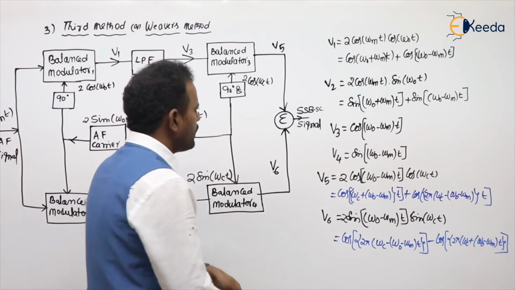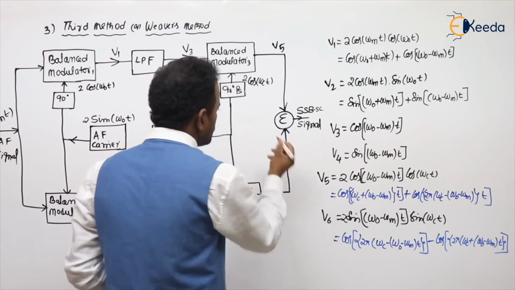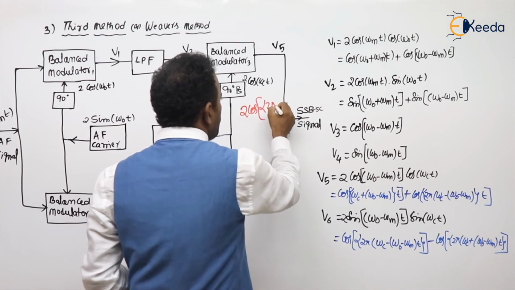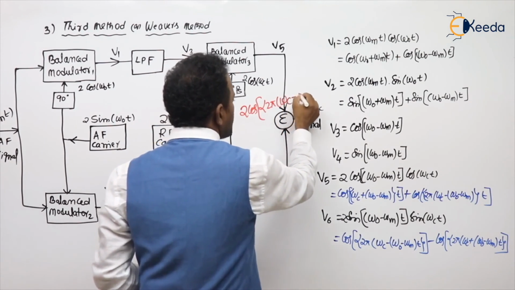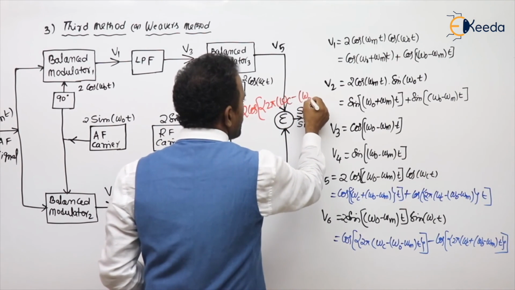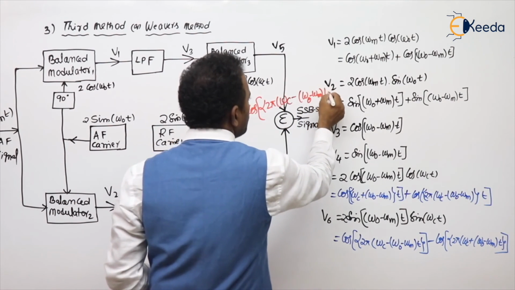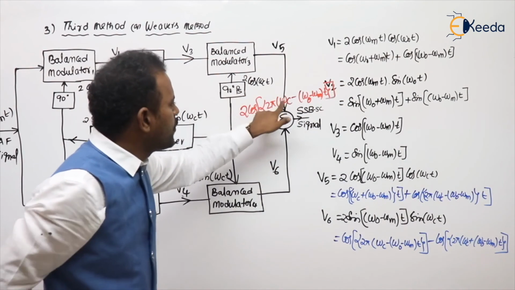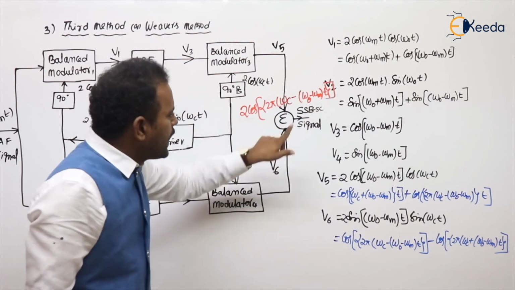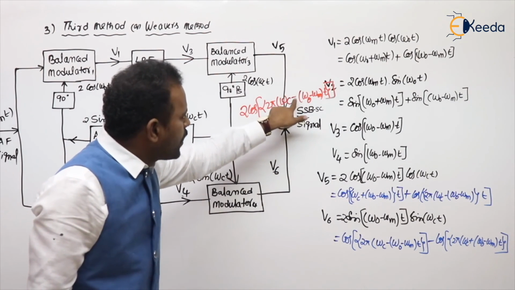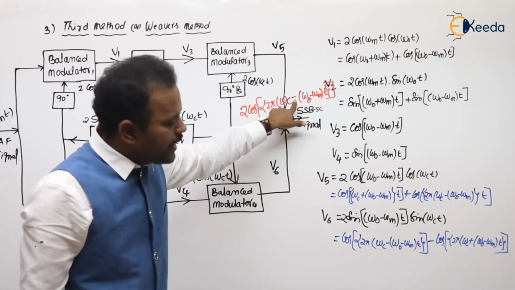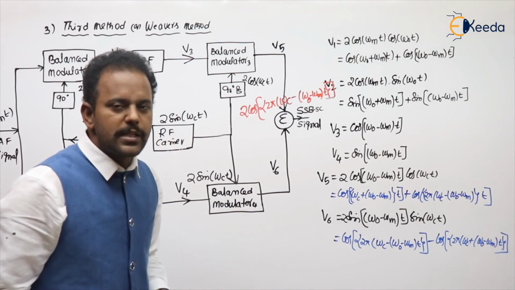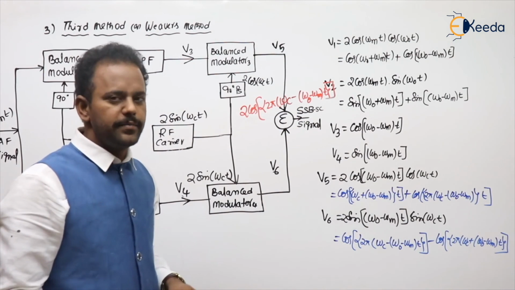So 2 cos 2 pi (omega c minus omega naught minus omega m)t we are getting, which is nothing but omega c minus, meaning we are getting SSB-SC for the lower sideband. And by making the adjustment in the summer, we can also get SSB-SC for the upper sideband.